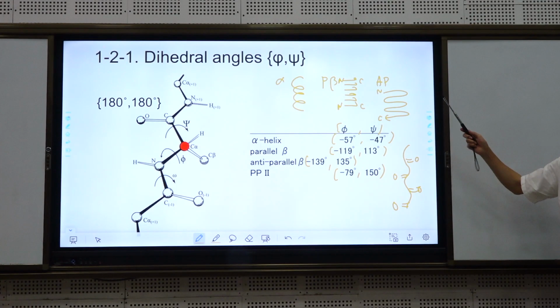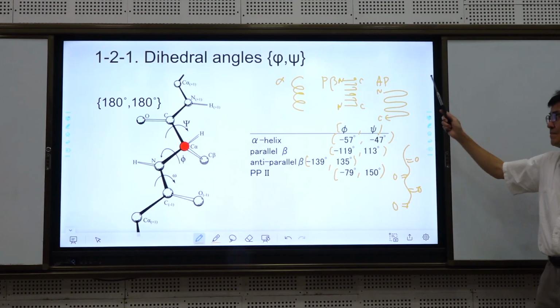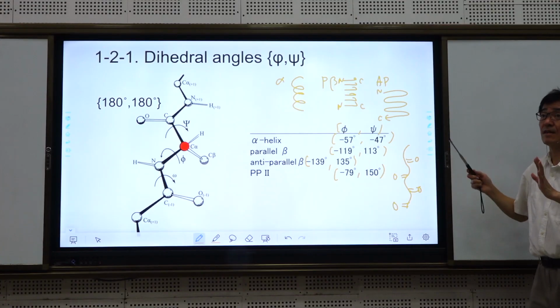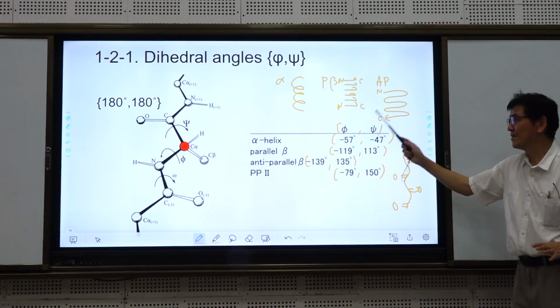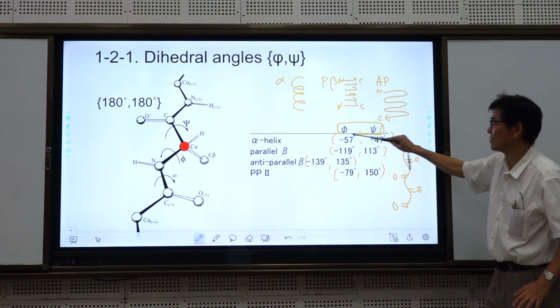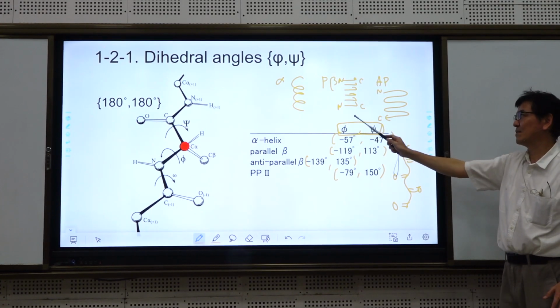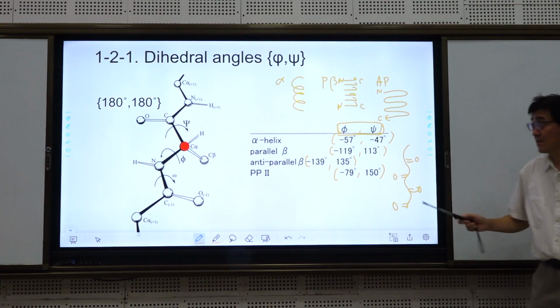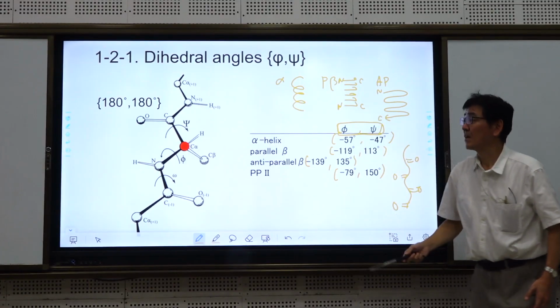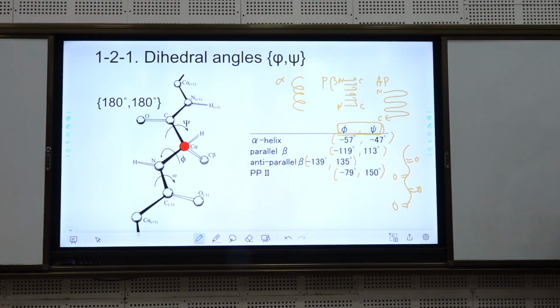This parameter is employed in today's talk. So at least please understand why we introduce the parameters, the so-called dihedral angles here. The purpose is to describe the main chain structure with a convenient parameter.